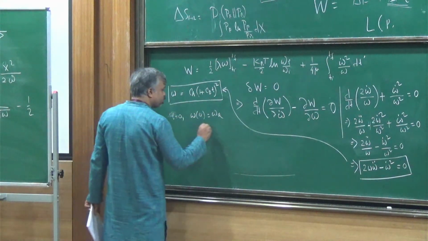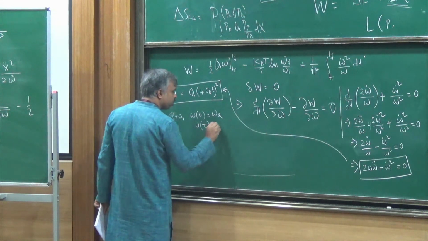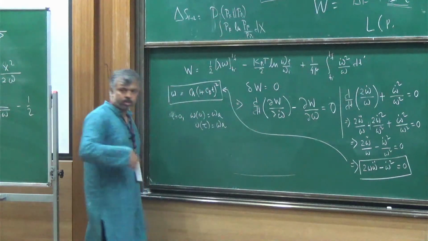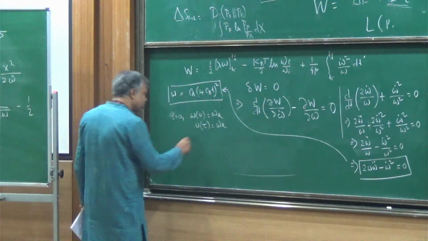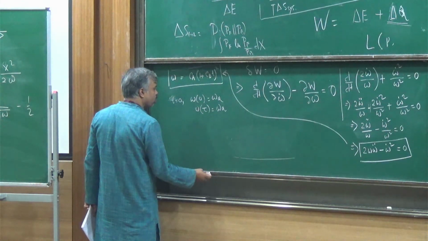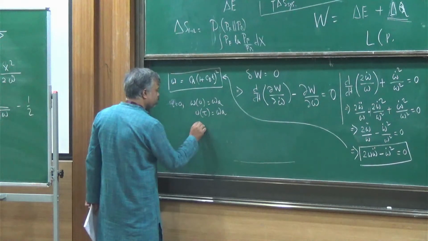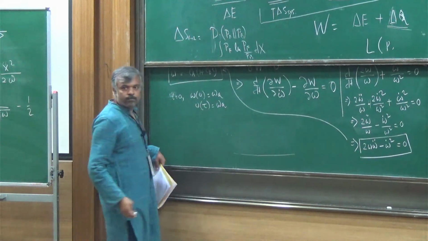Right? And as it is periodic, at the cycle time it has to be the same as omega A. Right? Then, so omega. Why is it periodic? Cycle.